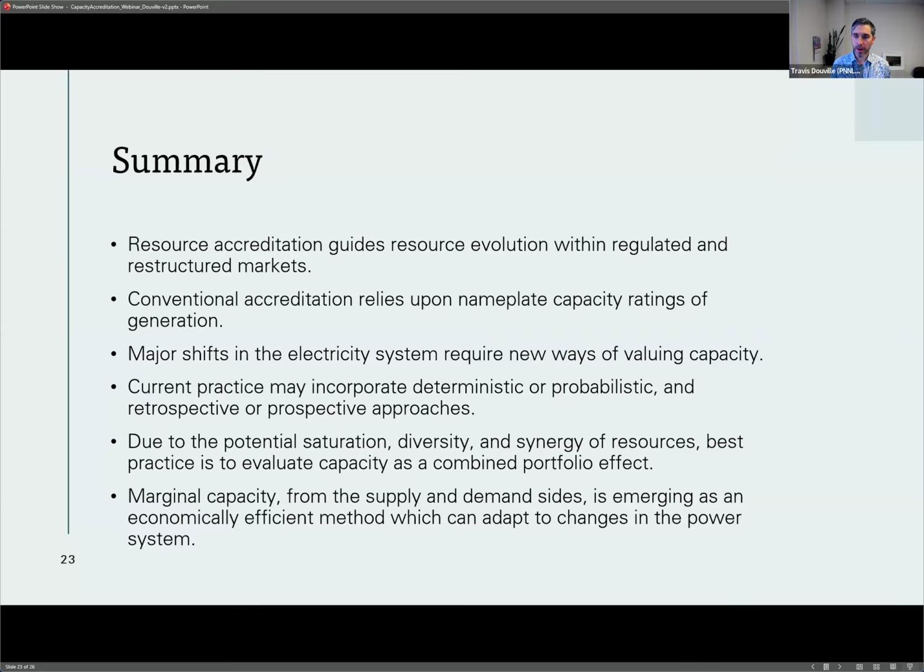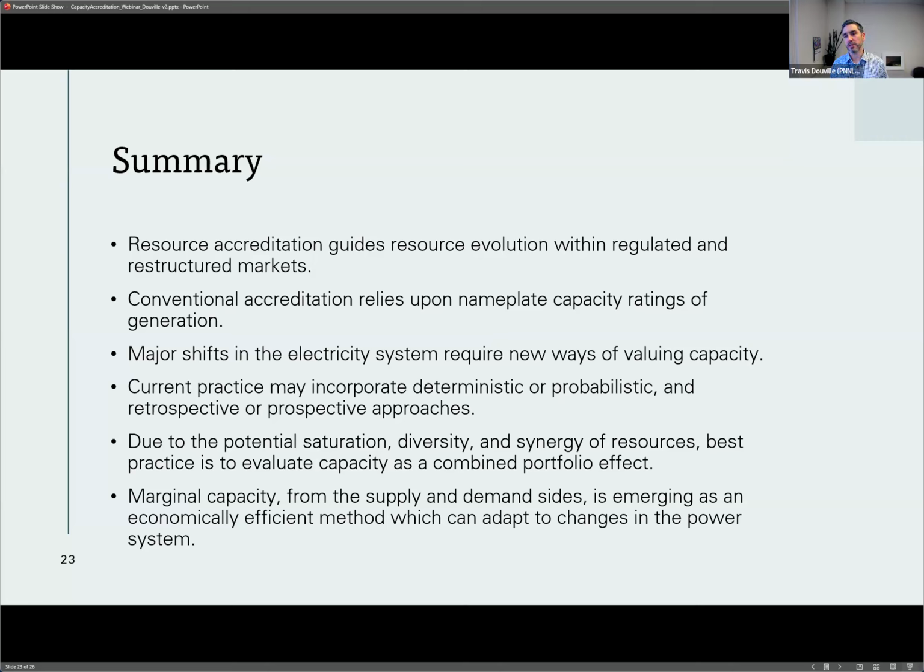We reviewed current practices spanning deterministic or probabilistic approaches, retrospective or prospective approaches, and average or marginal accreditation techniques. We reviewed examples and considered various accreditation techniques leveraging these approaches. Due to interactive effects such as saturation, diversity, and resource synergy, it's important to consider combined portfolio effect when thinking through capacity accreditation and resource adequacy planning.